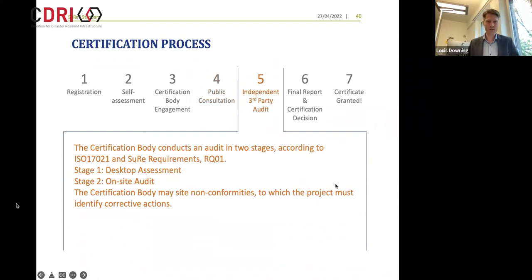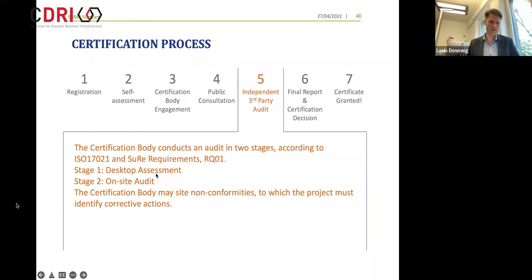Then independent third-party audit. The certification body conducts an audit in 2 stages using the ISO standard 17021, which is slightly adapted to the Shore standard requirements in a document called RQ01.